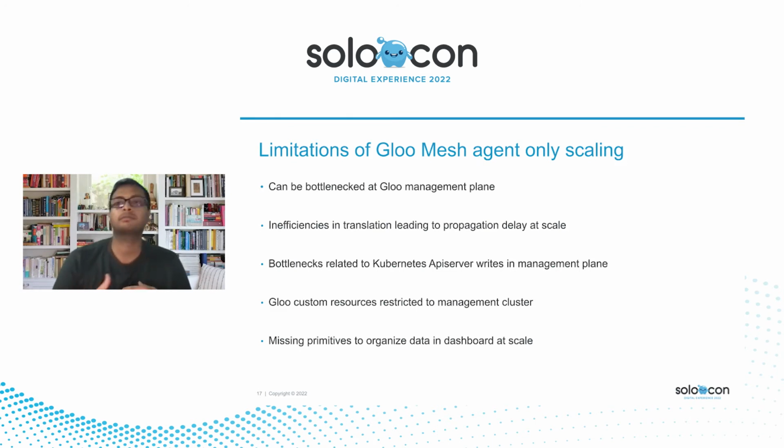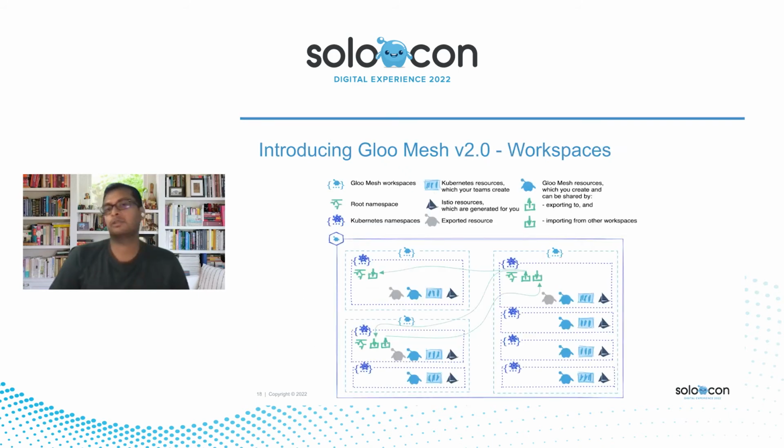So we needed to come up with something better that gives our users a way to describe multi-tenancy in the way they are thinking, at the same time use that primitive to make sure we can better scale out our components, particularly the Gloo Mesh management plane, and then help the dashboard organize the data in that way. And that's what we did with Gloo Mesh 2.0.